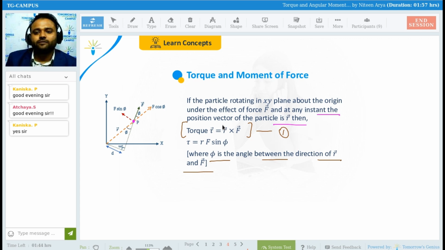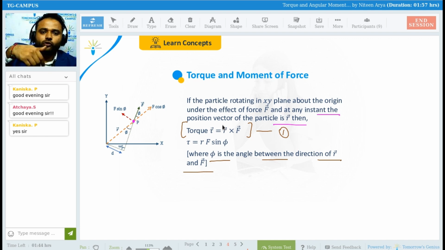Even in tightening and opening a screw we apply this rotational effect of force, or basically the torque. When we rotate the screw, it goes into the plane of paper, so it is tightening.